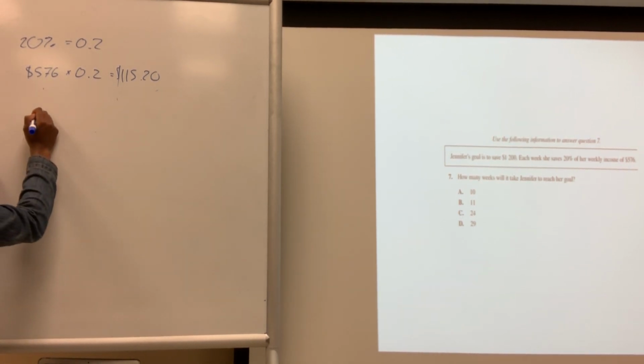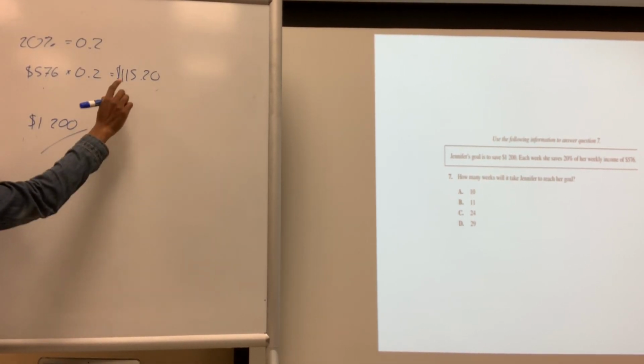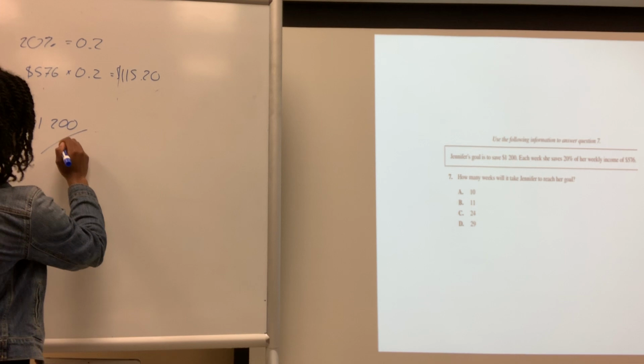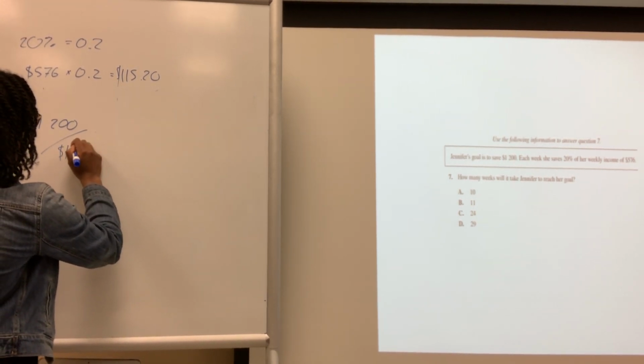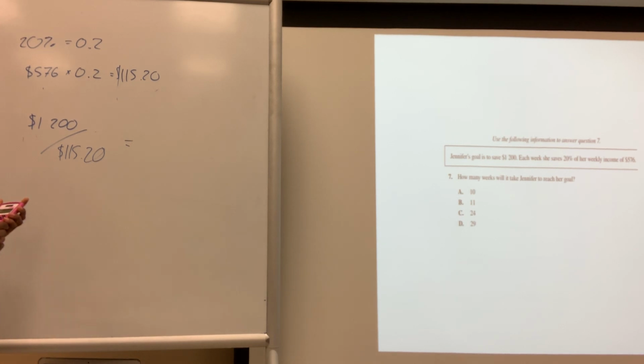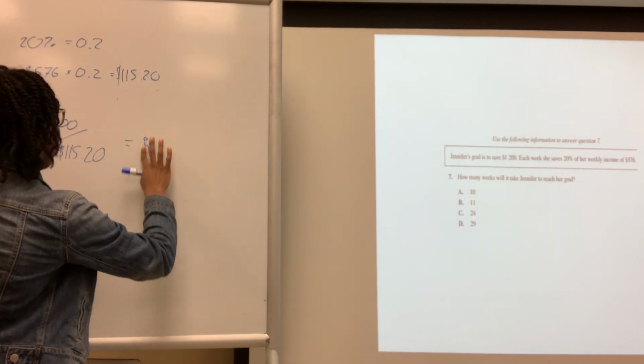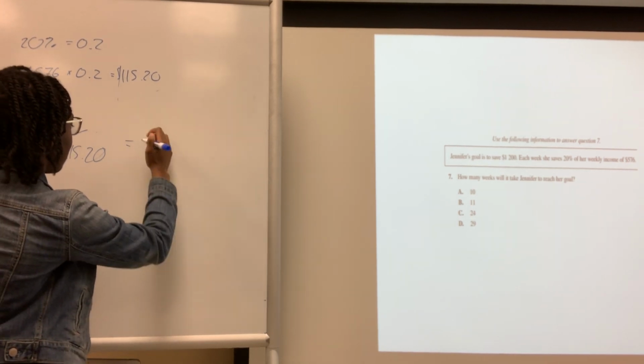So you do $1,200, her goal, divided by the amount of money she saves each week, which is 10.4 weeks.